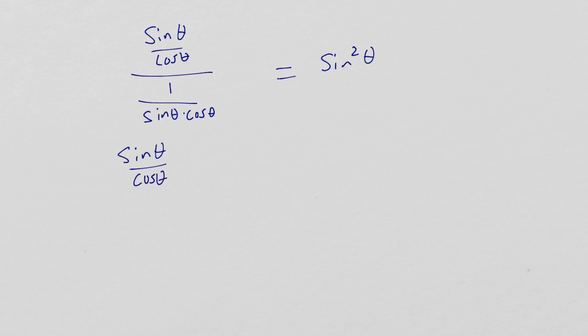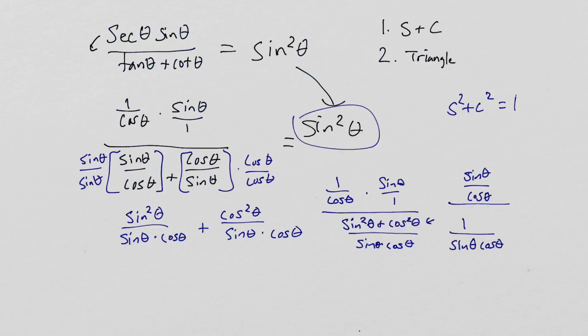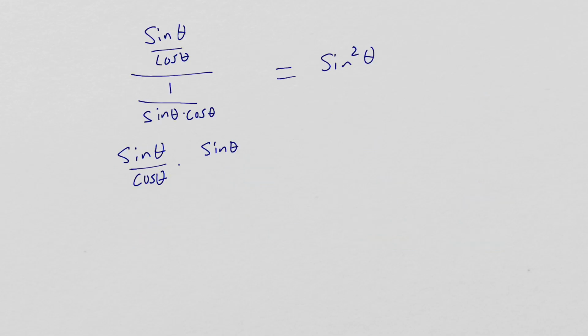Sine over cosine times sine, and these were squared, I think. Yes, they were. On the top they were not, so we're good. We have the right thing written down. That'll be times sine times cosine over 1, because again, we took the reciprocal, flipped it, multiplied. And now we see that our cosines are going to cancel out, and we're left with sine times sine, which is sine squared, which is what we were looking for.